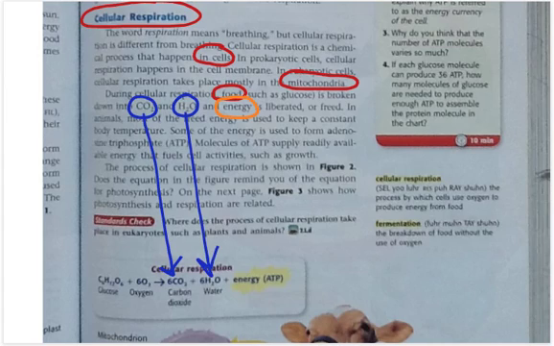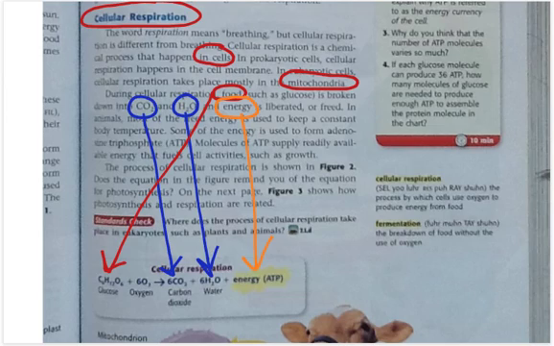Those are the two products, and then you get energy. But what goes in on the equation is the food that you eat plus the oxygen that you breathe. So it's really important that we breathe and eat in order to get the energy that we need.